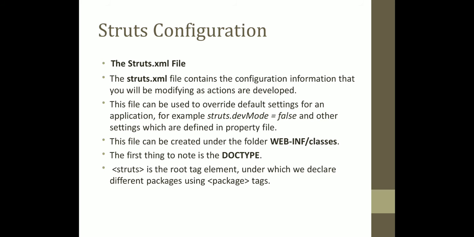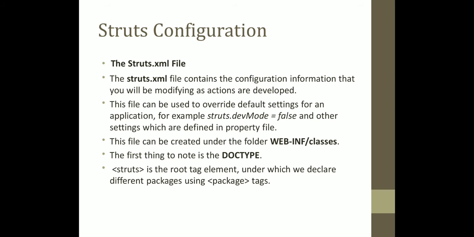Then second is the struts.xml file. The struts.xml file contains the configuration information that will be modified as actions are developed. This file can be used to override default settings for any application, for example struts.devMode equals false, and other settings which are defined in the property file.